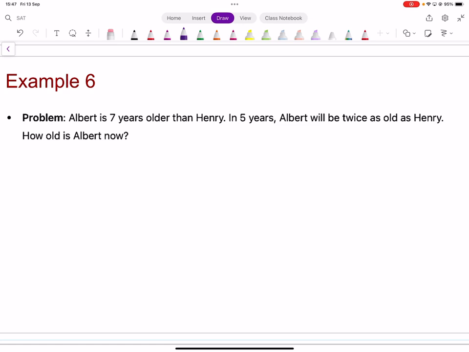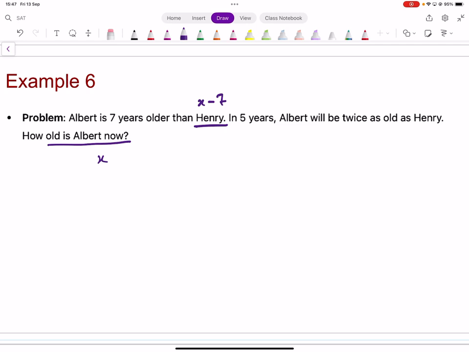What are we looking for? How old is Albert now? Let's call this x. If Albert is x years old right now, what about Henry? What's his age? X minus 7. This is their current age.